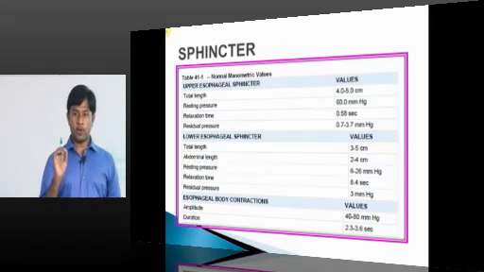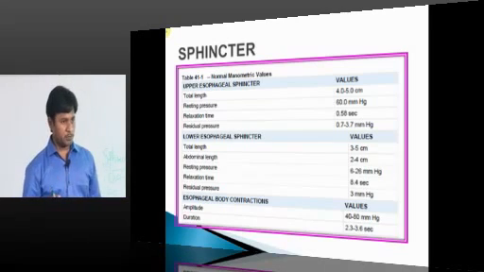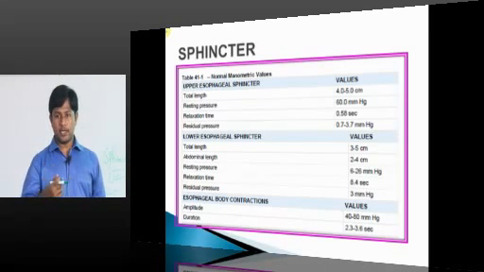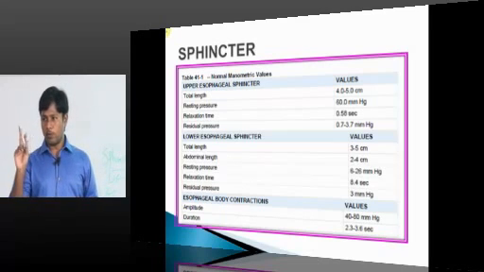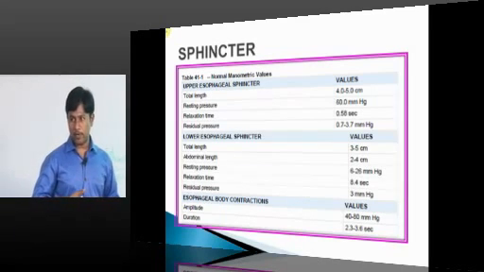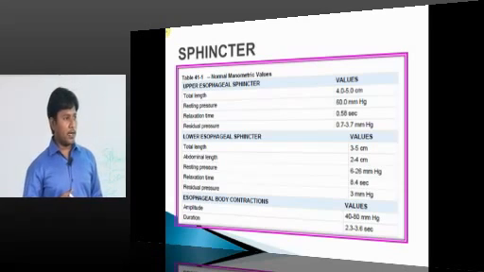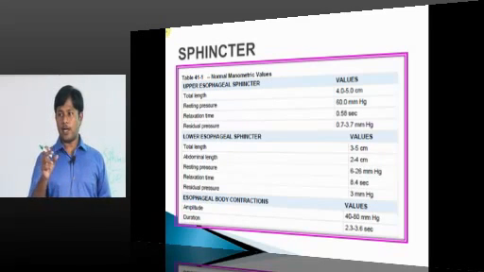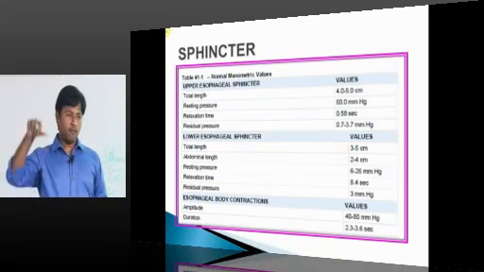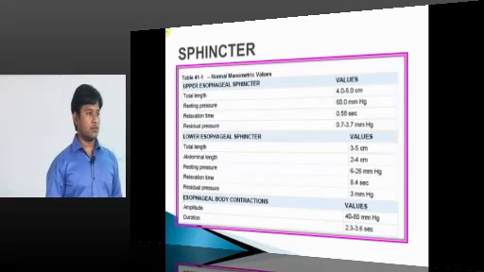But the important point you have to remember in the lower esophageal sphincter is that it has an intra-abdominal part. It has two parts, thoracic part and intra-abdominal part. The intra-abdominal part is very important in holding the pressure. If the intra-abdominal part is more, you will have less reflux.